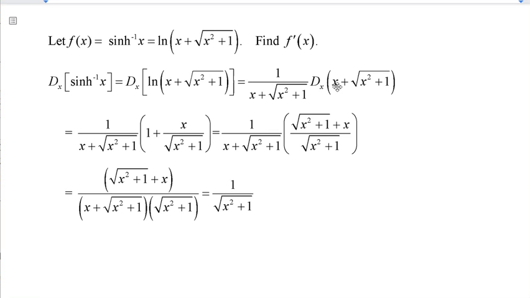So once again, derivative of x is just 1, and then derivative of square root of x squared plus 1 is x over the square root of x squared plus 1. And then this right here becomes the square root of x squared plus 1 plus x dividing by the square root of x squared plus 1.